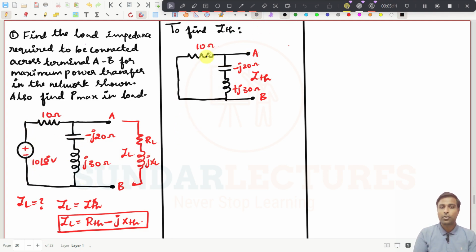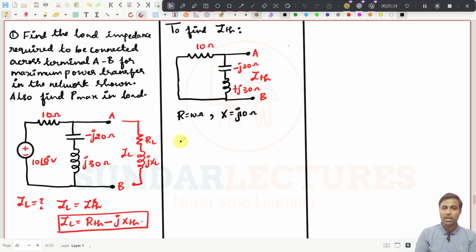And now what we can do, see these two impedances, maybe this is the value of X, total X. If you want to find the total X, then this total X will be J10 ohms. And what is the R here? This R will be equal to 10 ohms. And you see, these two are connected in parallel.